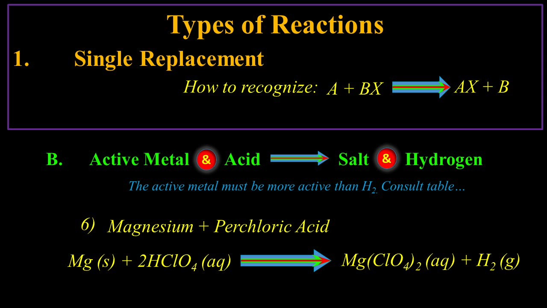Now, I want to draw your attention to a very simple fact, and you can look back at this later on. So let's talk about this for just a moment. In this particular reaction, magnesium is solid, the acid is aqueous, the salt generally is going to be aqueous that I produce, and then you have hydrogen gas.